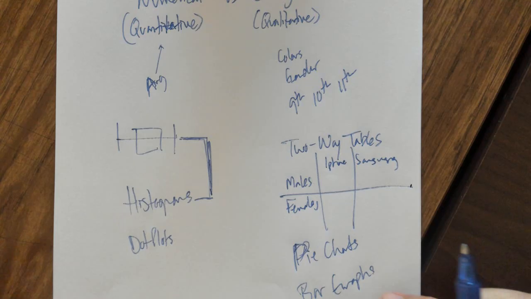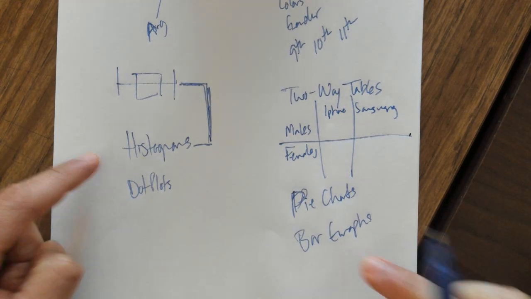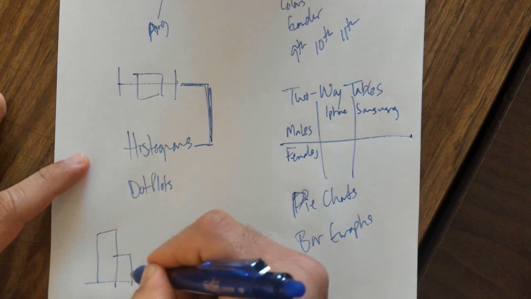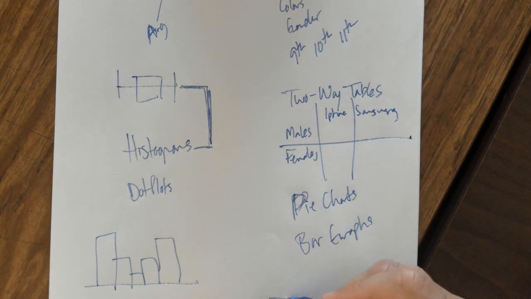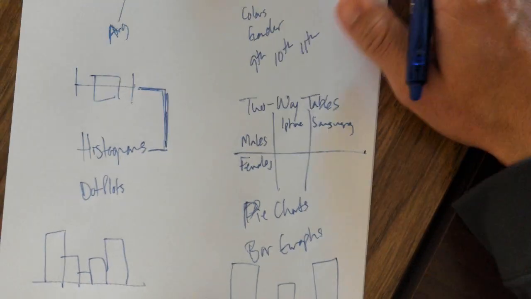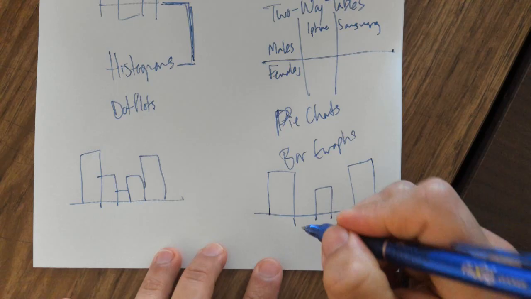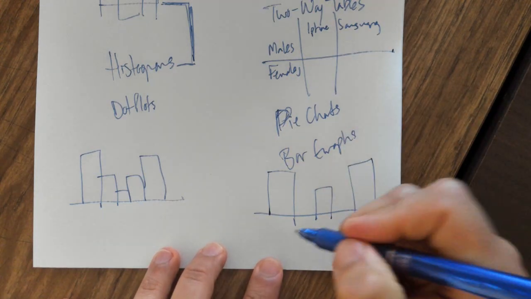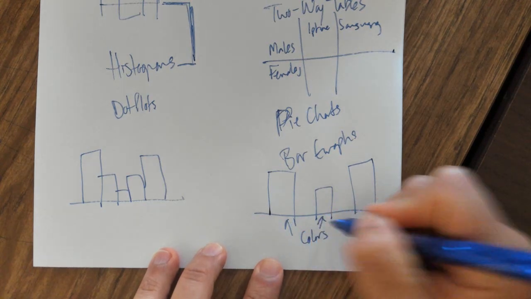The biggest difference between bar graphs and histograms is they look similar because they both have bars, but histograms are continuous, right? You have data that is continuous, versus bar graphs, because they're categories, they're separated. They can't be touching, right? At least in the categorical range, when you're dealing with colors, there's no in between.